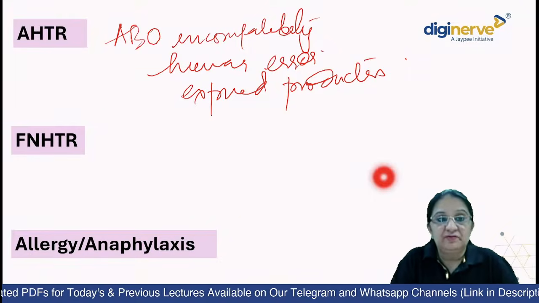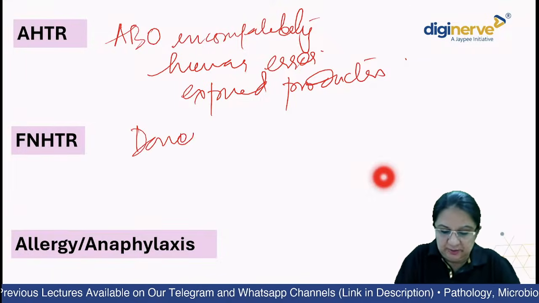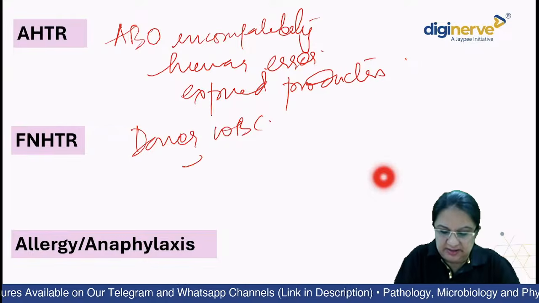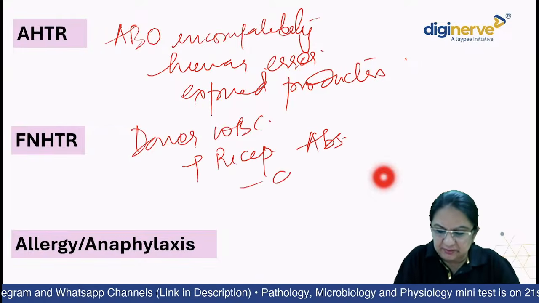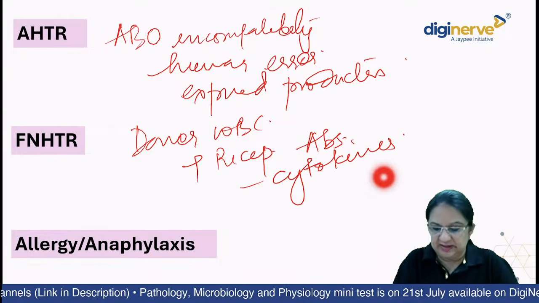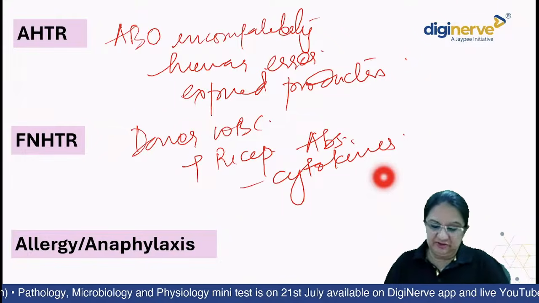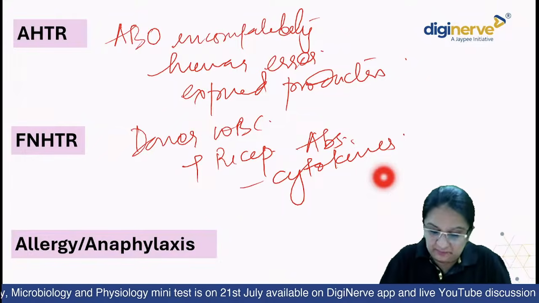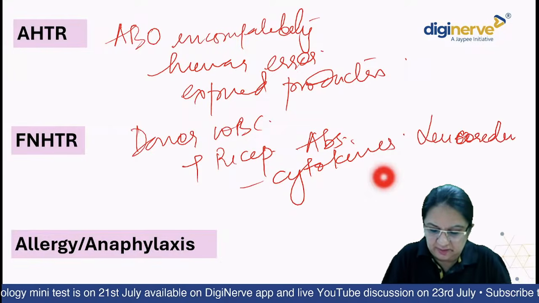Now, febrile non-hemolytic transfusion reaction: here, donor WBCs basically react with the recipient's antibodies. So cytokines are released, which cause fever and chills. Treatment is antipyretics and basically symptomatic treatment, and this can be avoided by using leuko-reduced products.